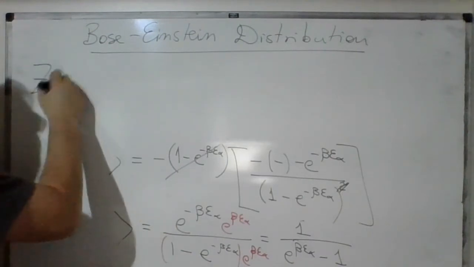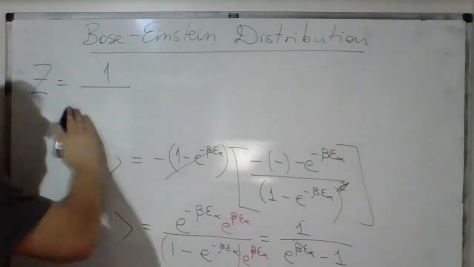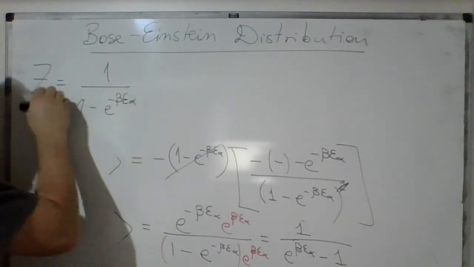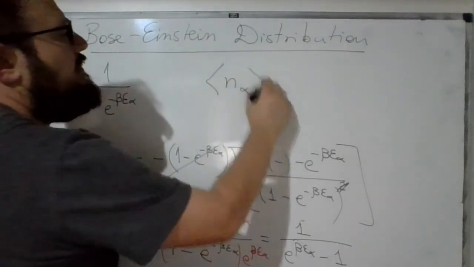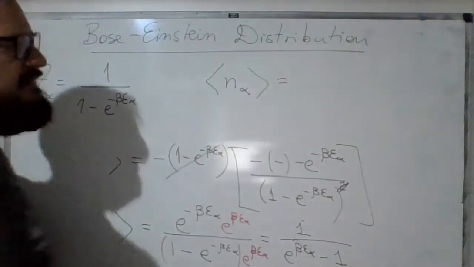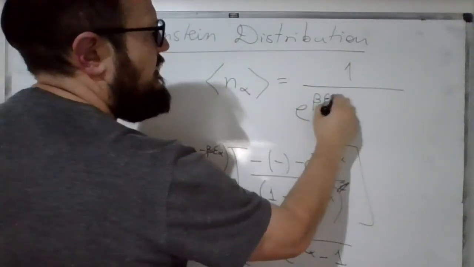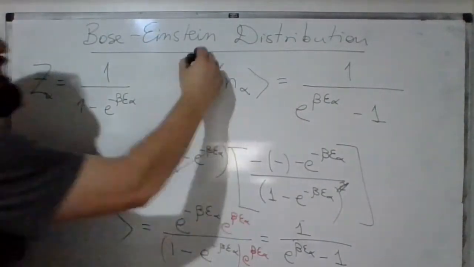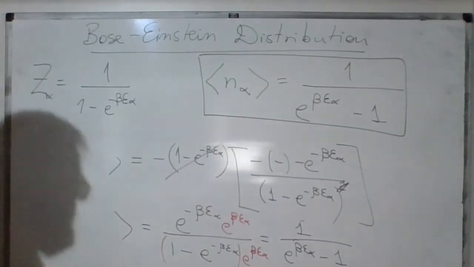The partition function is 1 over 1 minus e to the minus beta e alpha for a given state alpha, and the occupation number on the average is given by 1 over e to the beta e alpha minus 1. Okay, this is the so-called Bose-Einstein distribution.